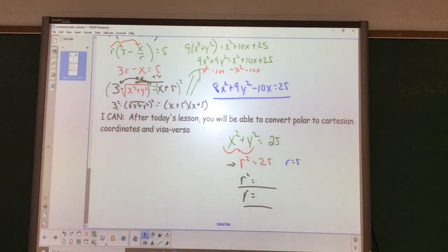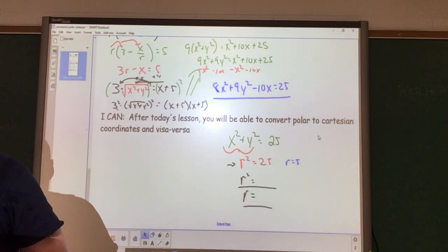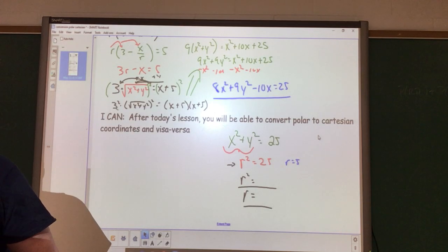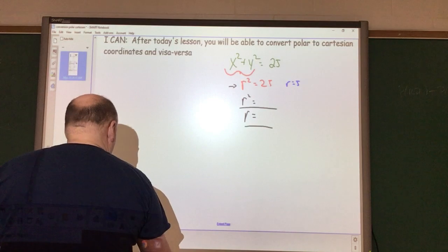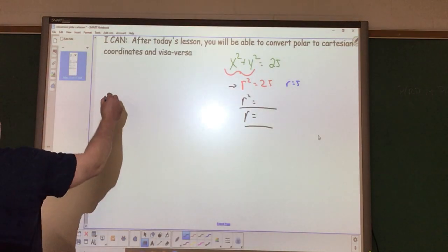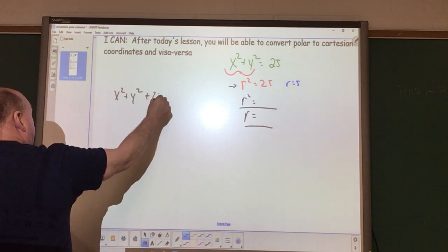If I take a look at one last problem. Let's see, x squared plus y squared plus 2x is equal to a value of 0.